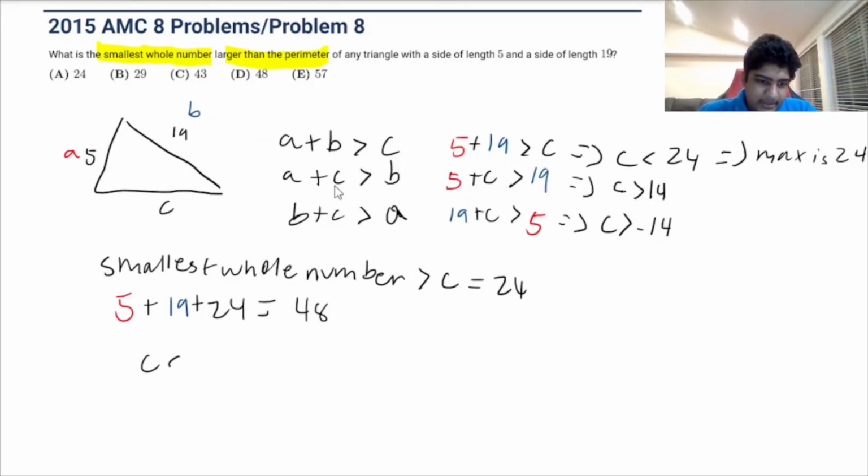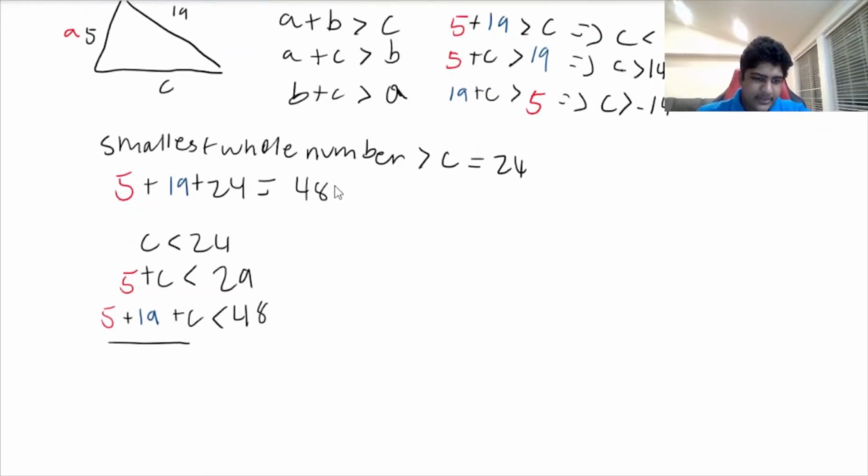We can see this by using an inequality in terms of C. We know that C is less than 24, which means that 5 plus C is less than 29, and that also means that 5 plus 19 plus C is less than 48, and this expression is actually the perimeter, which means that this is the smallest number greater than the perimeter.